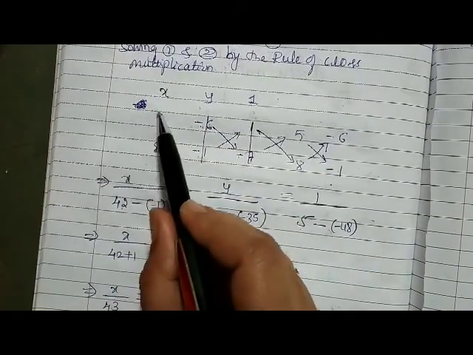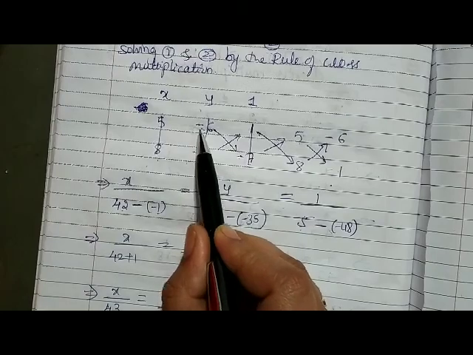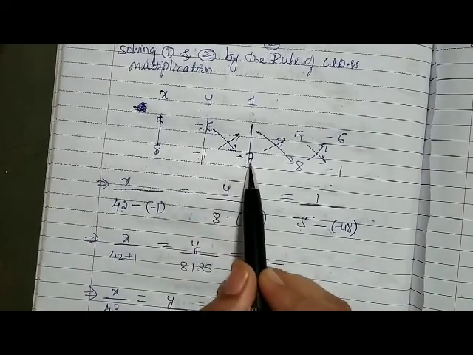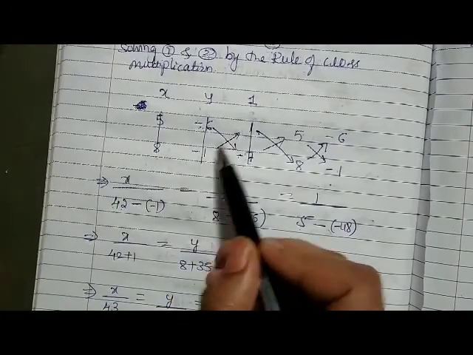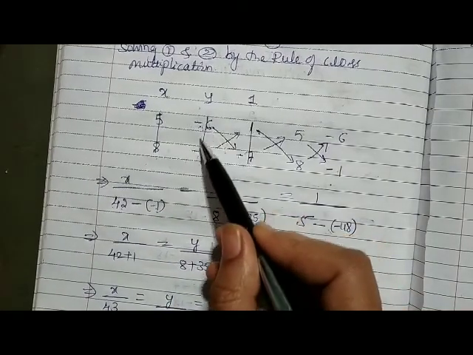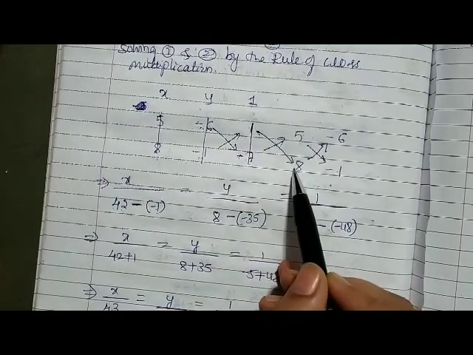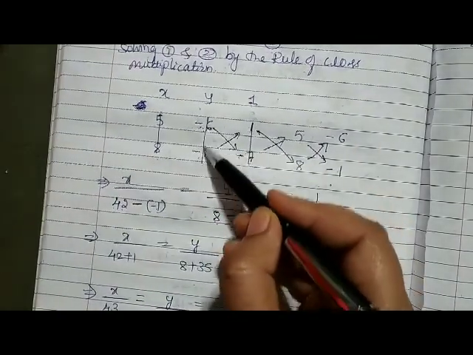Okay. So delete that column and go next, that is minus 6 into minus 7, cross multiply. Minus 6 into minus 7 is plus 42, minus 1 into 1 is minus 1, which is equal to y divided by, delete that column and cross multiply going ahead. So y divided by, delete that column.